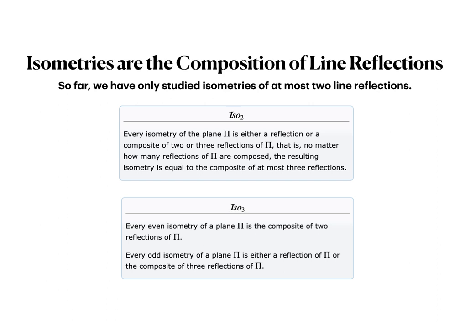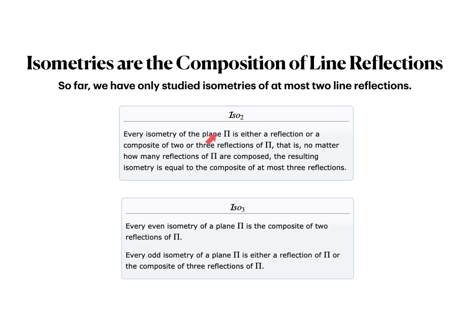So I could have reflections over 4 lines, 5 lines, etc. You might remember in our last lesson, we were able to find an isometry that mapped one segment to the other, and I was able to do it in 2 reflections. I could have used more, but we're able to do various isometries in at most 3 line reflections. So let's see what ISO 2 says.